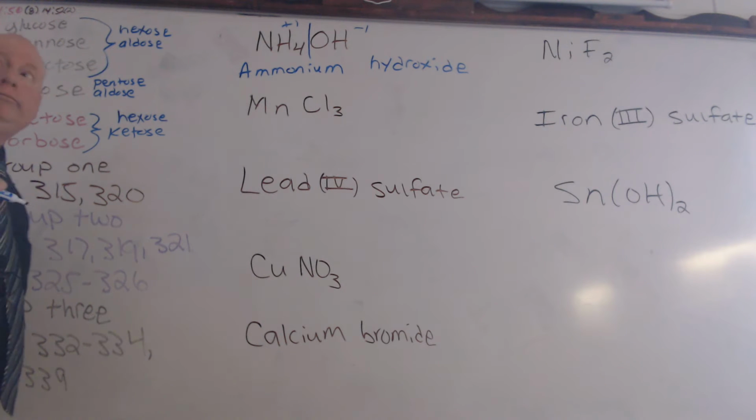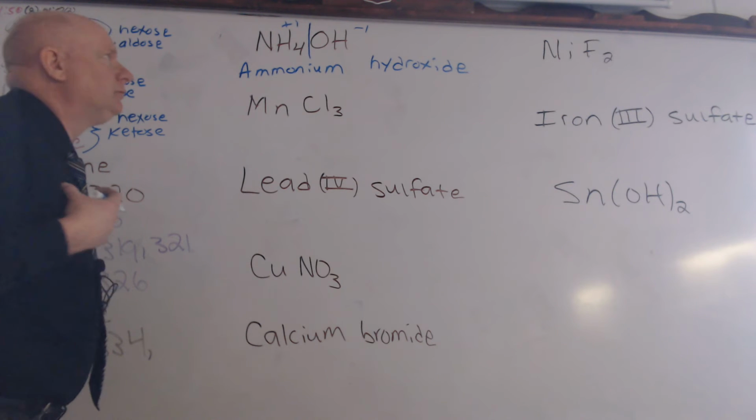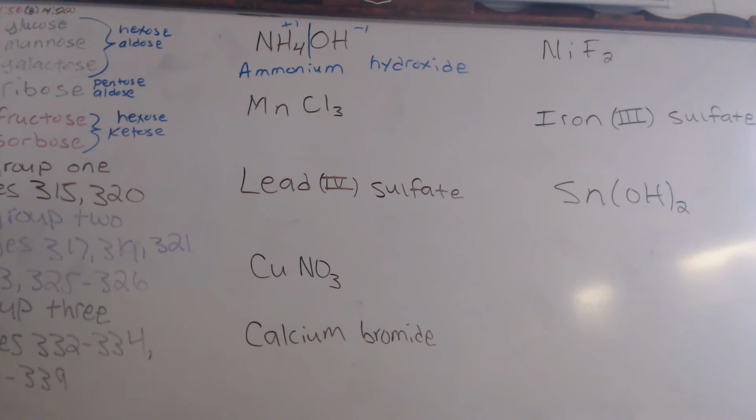Would you have to write +1 and -1? No, it's ammonium. It is a polyatomic ion. Do you have yesterday's papers where we wrote things down? We'll get it out, because that's what's causing problems for you.